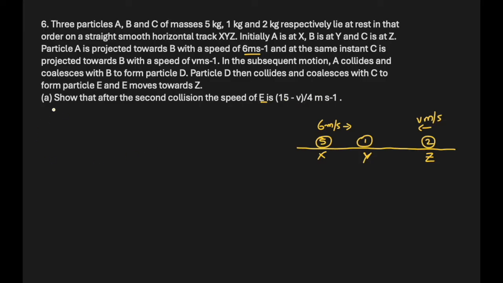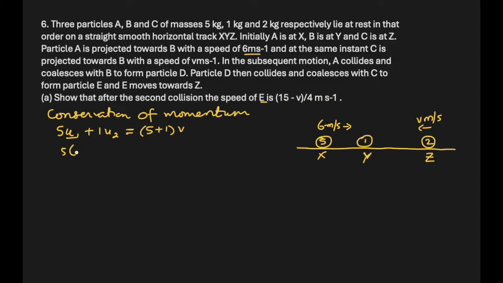So we will use conservation of momentum here. The momentum before the first collision is mass times u1, plus mass 1 times u2, equal to the final velocity of the combined mass, since they coalesce. u1 is given as 6, so 5 times 6, and u2 is stationary, so 0.